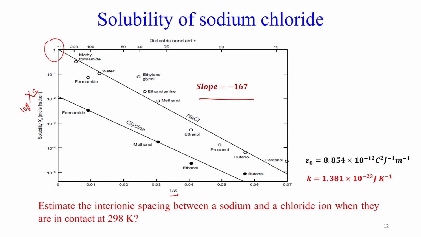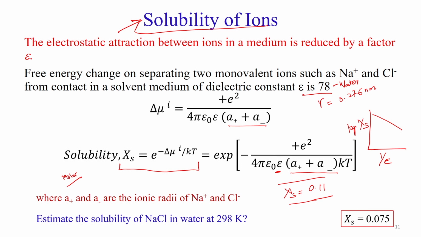Now, from here we will try to back calculate the inter-ionic spacing at temperature 298 K, 25 degrees centigrade. Once this slope is known to you, then slope will be equal to e square upon 4 pi epsilon naught r kT.